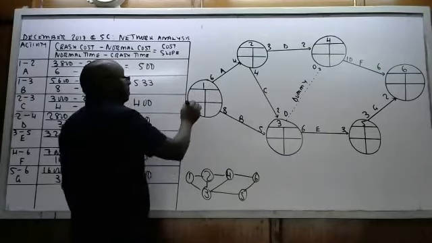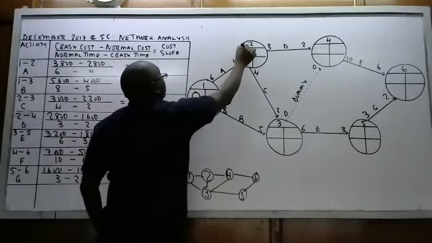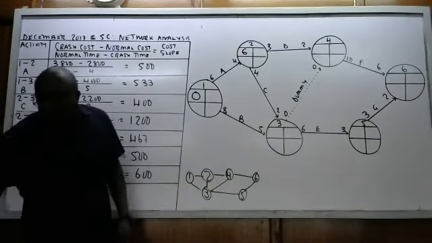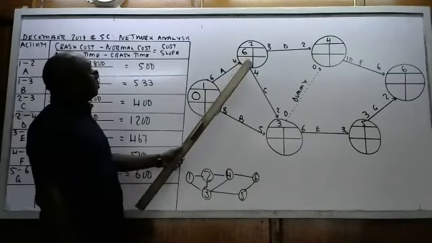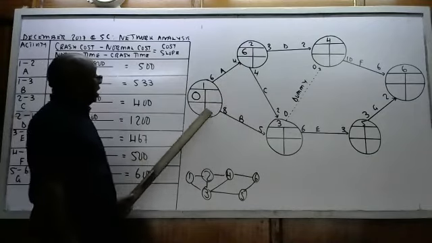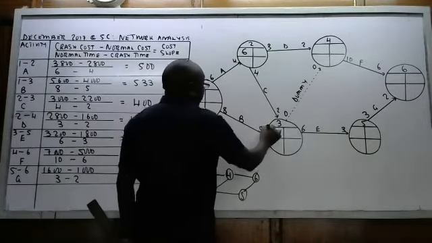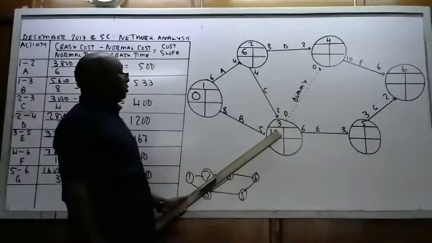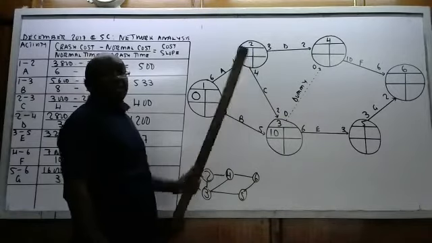Okay, so now we do the normal. This is 0 plus 6. We get 6 here. Then when we get here, there are 2 arrows, so it is 6 plus 4, that is 10, and 0 plus 8, that is 8. So we go for 10. When we get here, 2 arrows, so 10 plus 0, 10, and 6 plus 3, 9.